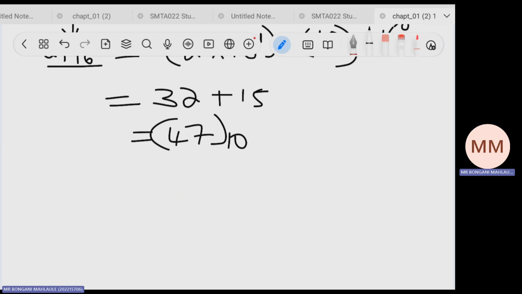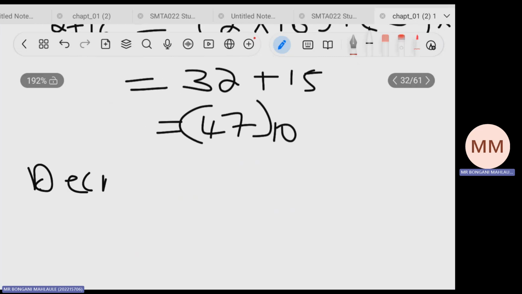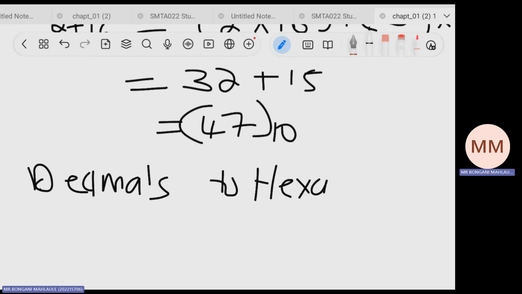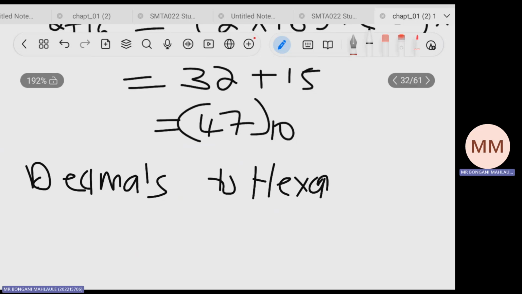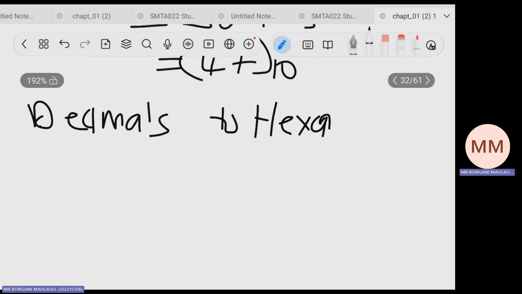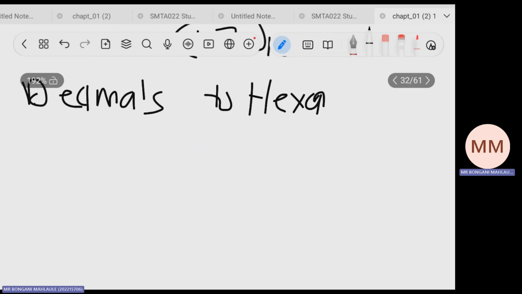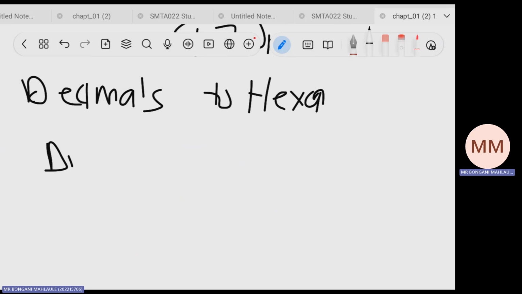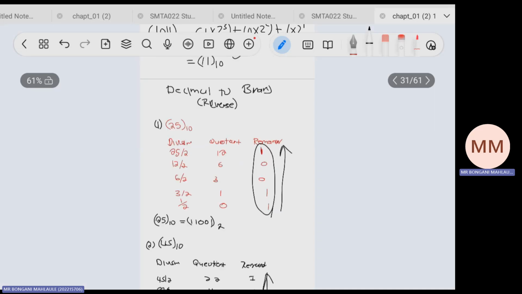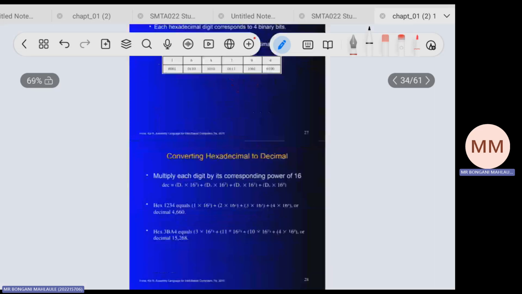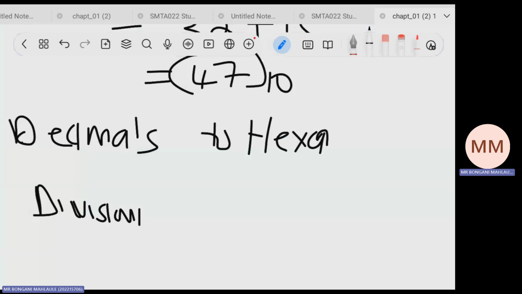And if we're converting from decimals to hexa, you're going to draw the table again. Write it here. Just say division, quotient, and here the remainder.